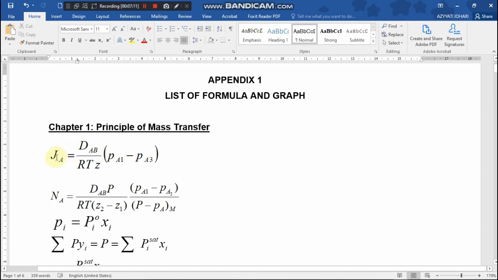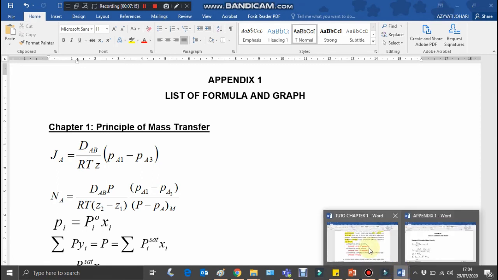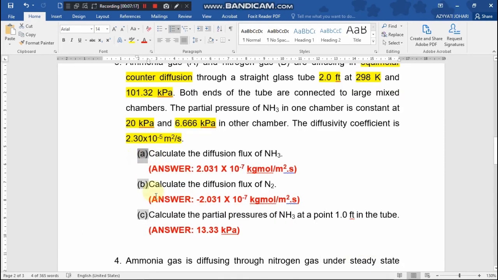The thing is, all of the values are already given in the question except the value of JA. The value of JA you already calculated in question A. So you can use the value of JA, the flux of A, which is NH3. You can use this value as your JA because the JA value is the same whatever length we apply in the tube.